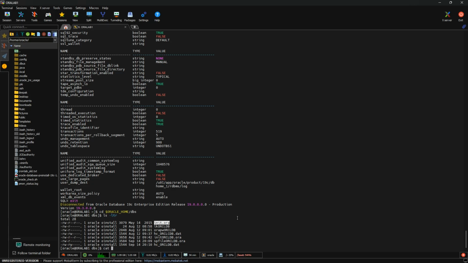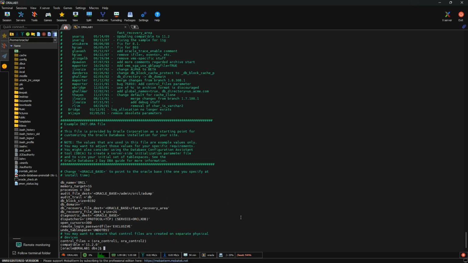Let's see what information it has. See, these are all configuration information: your database name, your audit file destination, SGA memory, all information you can configure in this. These are all default parameters. You can add many more parameters here.